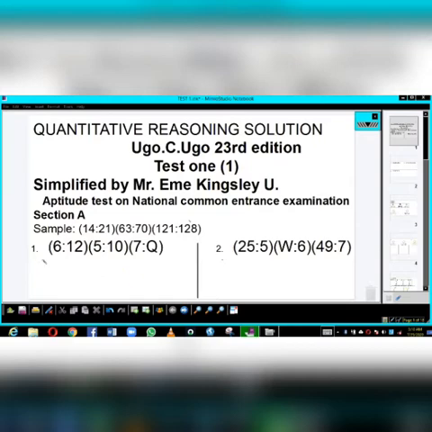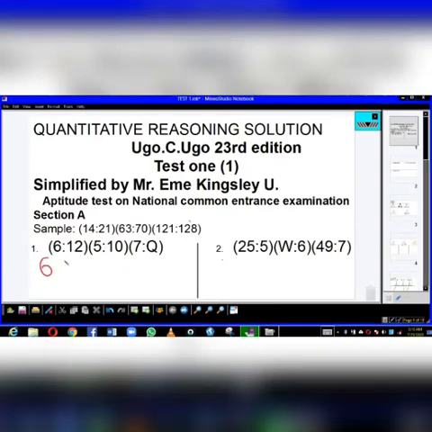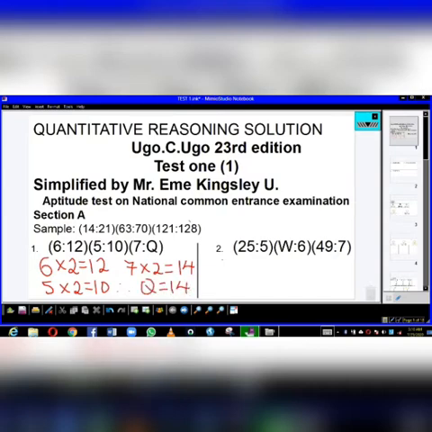Here we'll say 6 multiplied by 2 is equals to 12. 5 multiplied by 2 is equals to 10. 7 multiplied by 2 is equals to 14. So therefore Q is equals to 14.